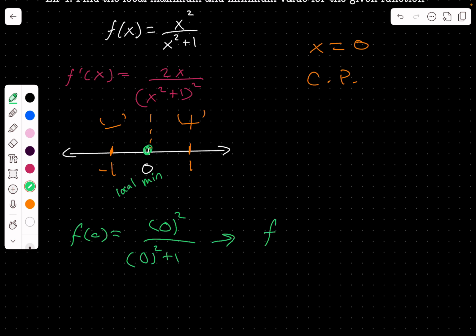We get f of 0 equals 0 over 1, which is basically just 0. Therefore, our coordinate is going to be (0, 0), and that is our local min point.